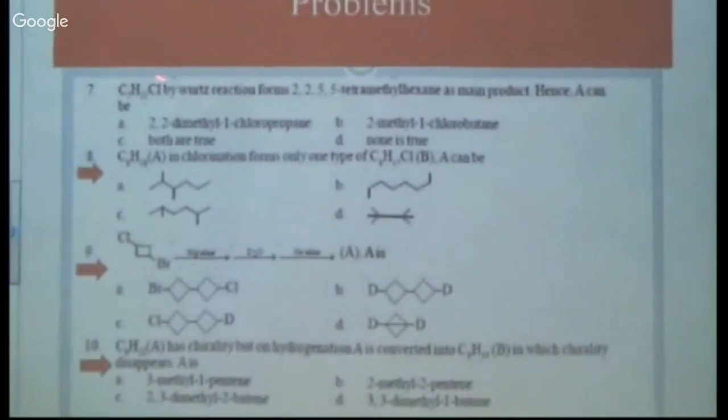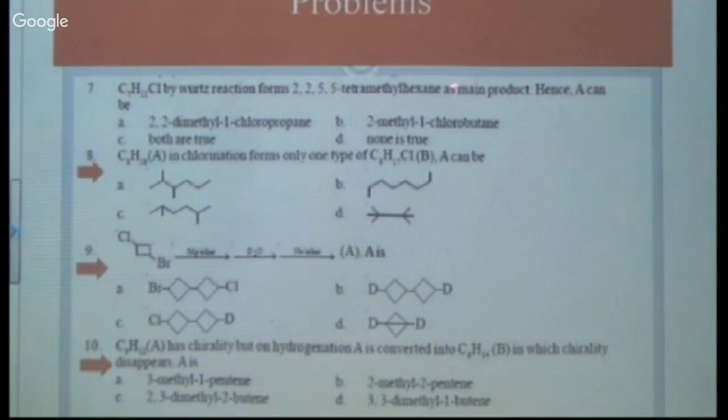This compound on Wurtz reaction forms this hexane as the main product. Now this you can do very quickly. It is a Wurtz reaction, so please locate the center and write the structure of the starting compound.